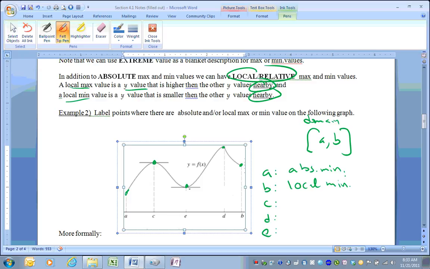Okay, what about C? What would you call C? It's local, because it's not the highest one. But it is a max. And how about D? That's absolutely the highest one.